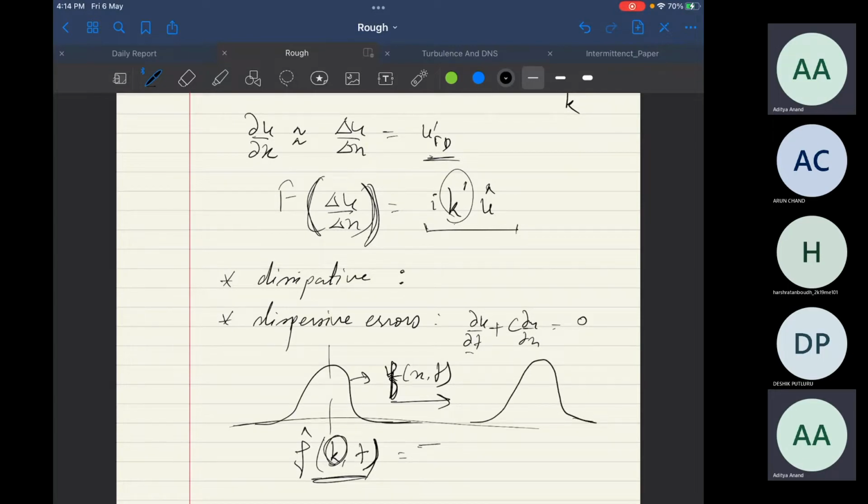But because of these dispersive errors, you'll start seeing these wiggles at the edges, because some high wave number fluctuations would have higher speeds, some would have lower speeds. So these wiggles will start appearing in your solution. These are called dispersive errors.